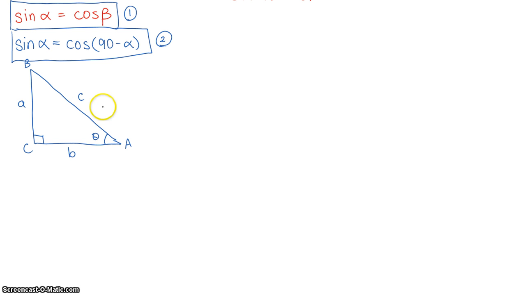The next property, we're going to look at another triangle, and we're going to look at how the Pythagorean theorem works in conjunction with sine, cosine, and tangent. With this angle theta, we're going to find sine of this angle and cosine of this angle. So sine of A, again, SOHCAHTOA: sine is opposite over hypotenuse.